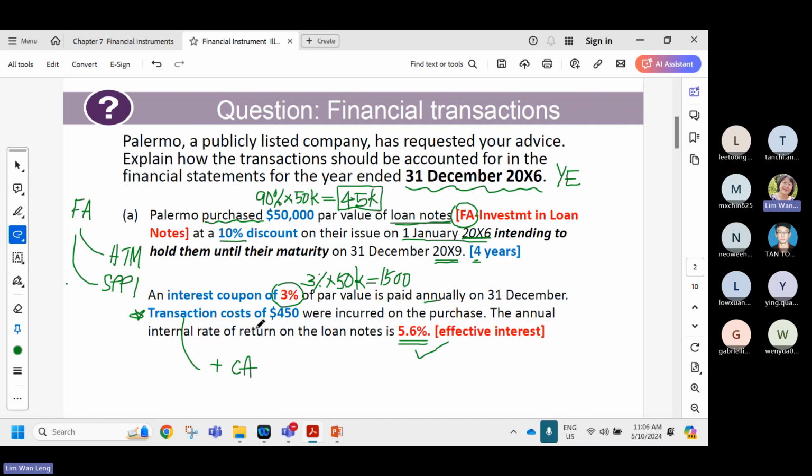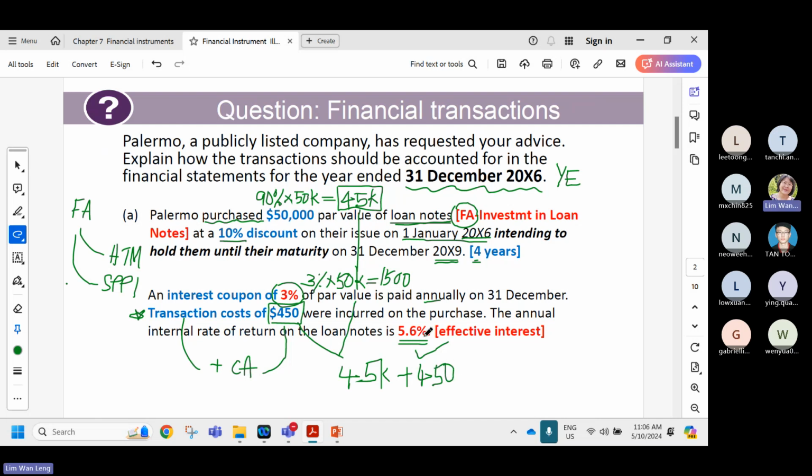And since you have transaction costs of 450 and the accounting treatment says you need to add to the carrying amount, the initial recognition will be 45,000 plus the 450. That's the initial recognition.